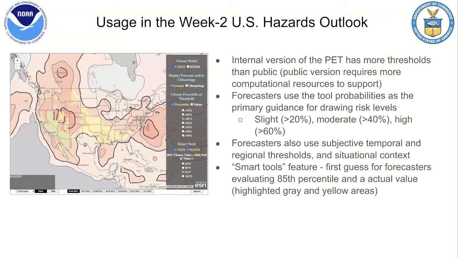Much of that can be very event-driven and also based on the time of year and location of the country. And again, at the bottom is the Smart Tools feature for the forecasters, where we can see highlighted in gray as well as yellow. It's an easier way for forecasters to distinguish where both the percentiles and the actual values may be deemed hazardous.